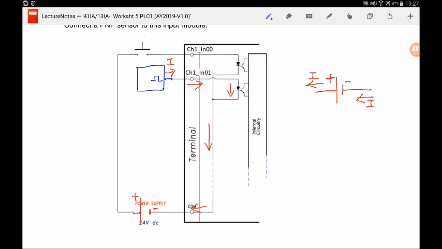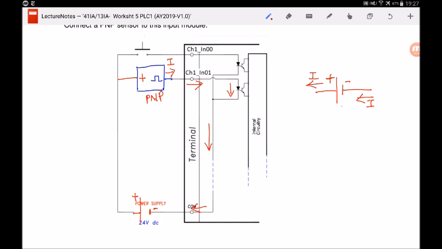So I've already connected my power supply. Next, let me draw the connections on the sensor itself. So this is a PNP sensor. PNP sensor means current sourcing, right? Well, as I can see, current is really flowing out of the sensor, so it is a sourcing sensor, which is a PNP sensor. And I will connect, you can see over here is a plus, so this path is a plus, I will connect a plus here.